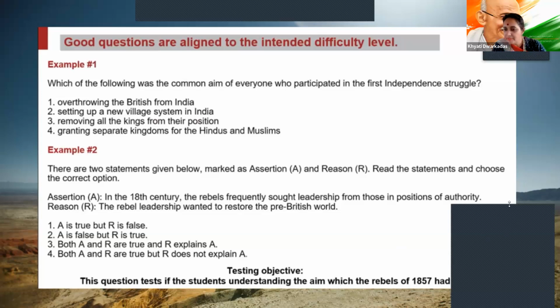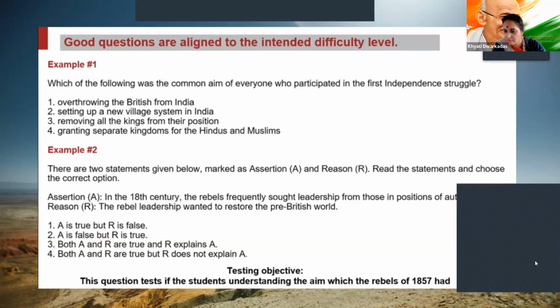Is it good or bad? Almas says it's good. And the whole lot of people behind Almas also feel it's a good question.